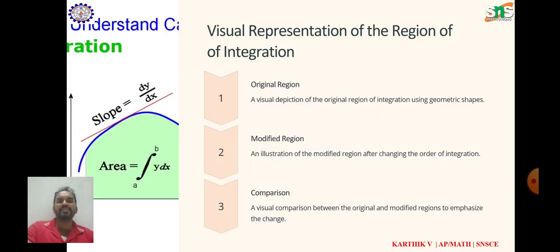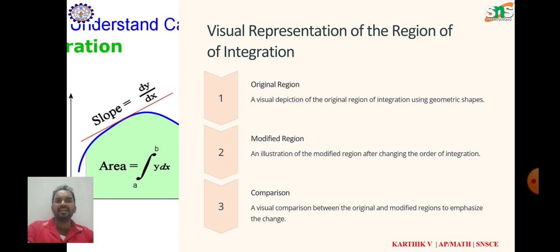Visual representation of the region of integration. Visualizing a region of integration is crucial for understanding the necessity of changing the order of integration. Let us consider a double integral as an example. For example, f of x comma y over the region R in the xy plane.